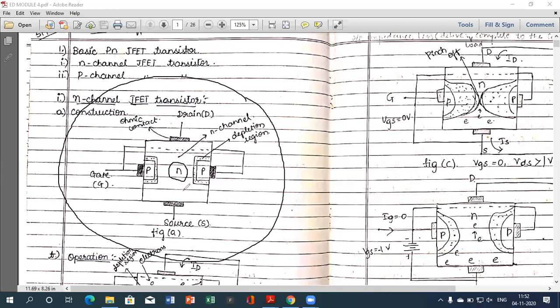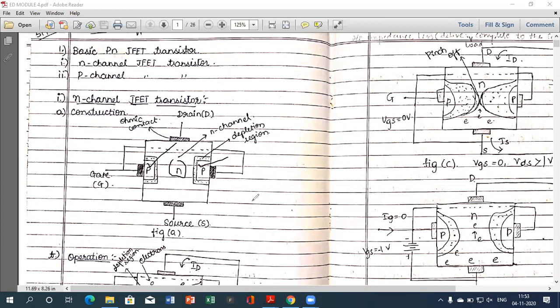This N-type material forms the channel. This is the channel. It forms the channel between two embedded layers of P-type material. I hope you are getting this. So what I'm saying is that the major part of the structure is N-type material, which forms the channel between two embedded layers of P-type material.